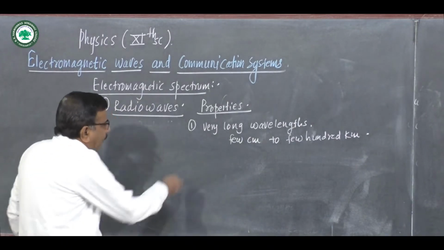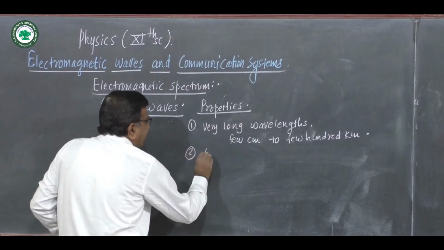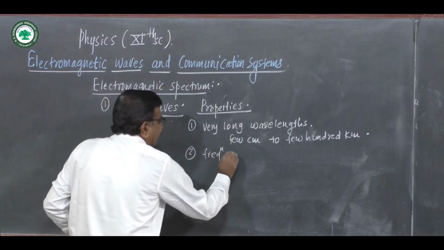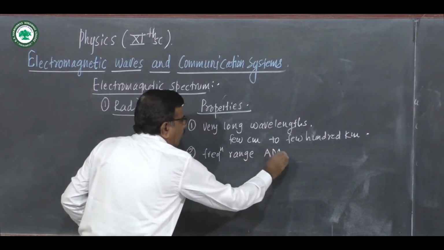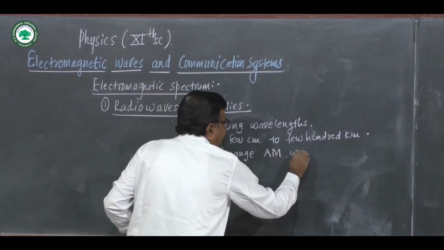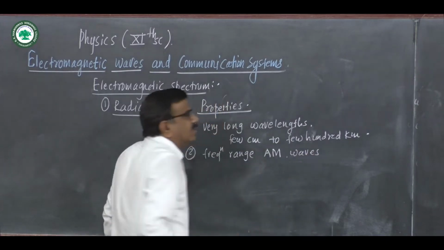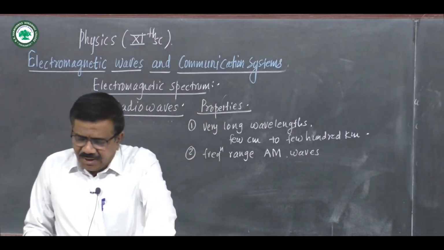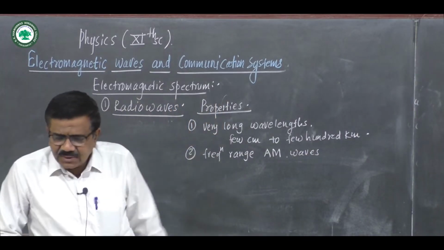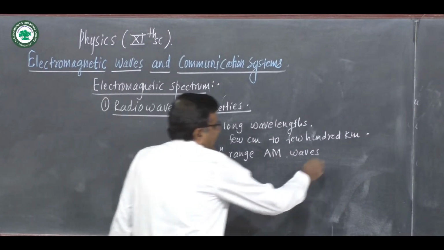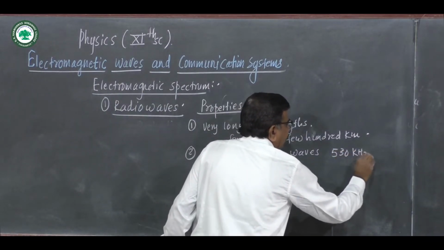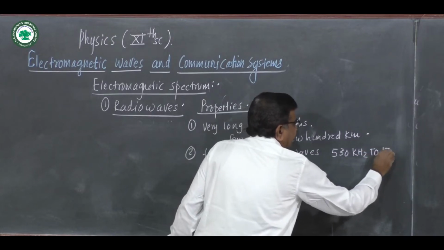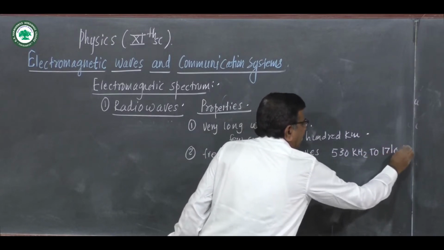Then the next property is the frequency range of AM waves, amplitude modulated radio waves. The frequency range of AM waves or AM band is 530 kilohertz to 1710 kilohertz.